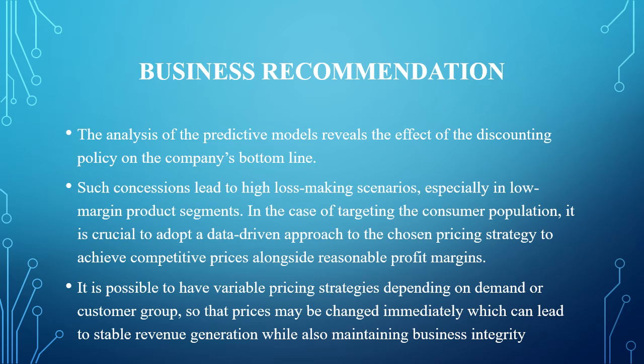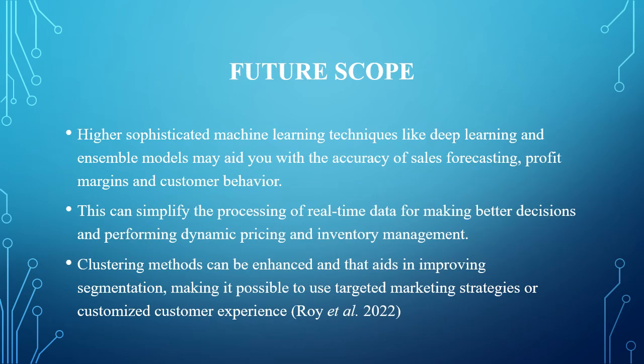It is possible to have variable pricing depending on the demand or customer group, so that prices can change immediately, which can lead to additional revenue generation. There is also scope for higher machine learning techniques like deep learning and ensemble models to improve the accuracy of sales forecasting, profit margin, and customer behavior.